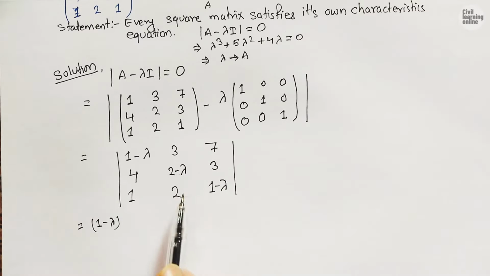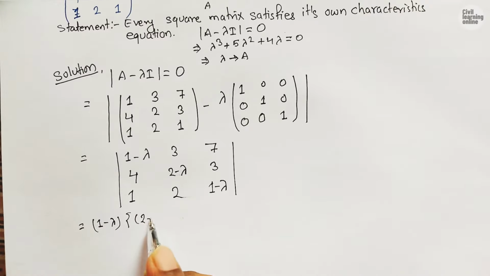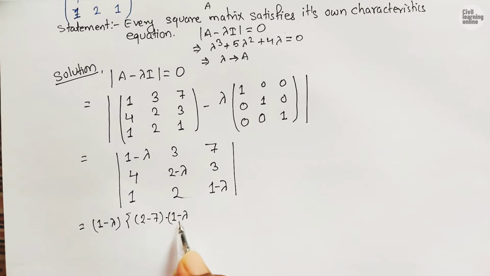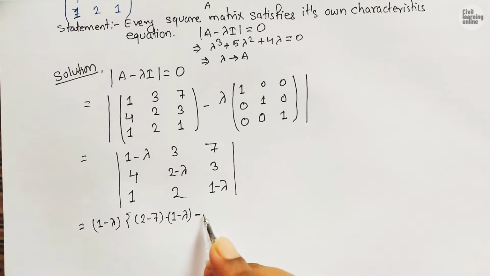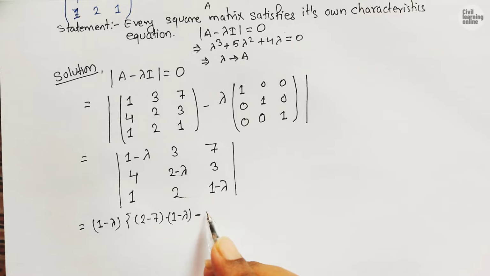Then we have to multiply, taking a positive sign while multiplying downward and a negative sign while multiplying upward. So we will have here, let me start a bracket, 2 minus lambda times 1 minus lambda, this is the sign of multiplication, and minus 2 times 3. These two are positive and this is negative. So 2 times 3 is 6.